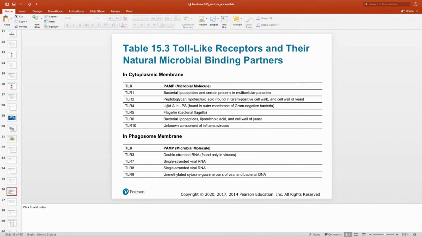Bacterial lipopeptides, peptidoglycan, lipid A, bacterial flagella, bacterial lipoproteins, and something they don't know what with influenza viruses. So these are in the cytoplasmic membrane. In the phagosome membrane, we find the toll-like receptors for various types of nucleic acids or nucleotides.